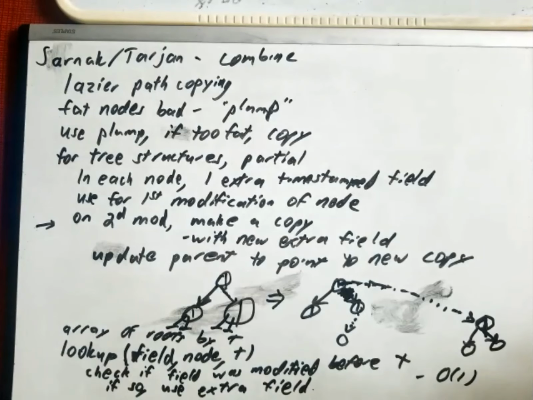So there still is an additive log t in the start of the lookup, but afterwards, once you found the appropriate root to start with, walking the data structure is only a constant factor slower than the original data structure. So in terms of runtime, this replicates the benefits of path copying, that there's only an additive log t.